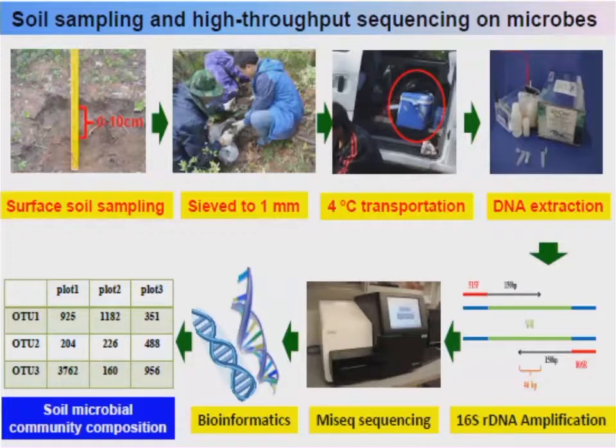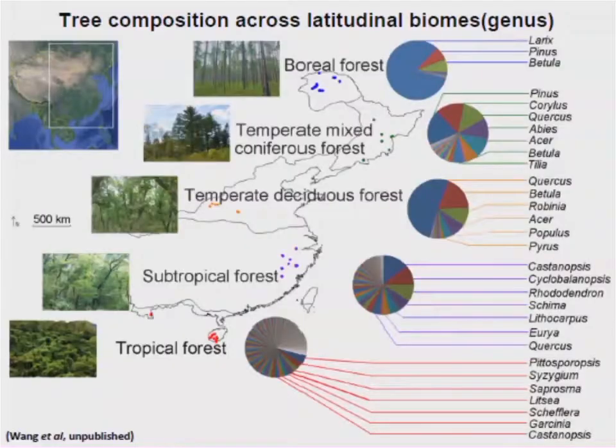This environment includes the biotic environment. The relationship with plants. So this is basically the tree composition across latitude and biomes, because from north to south is some 4,000 kilometers away. So certainly the plants are quite different.